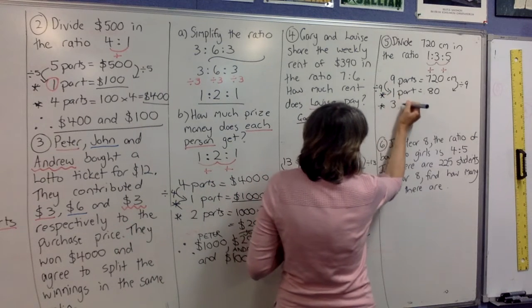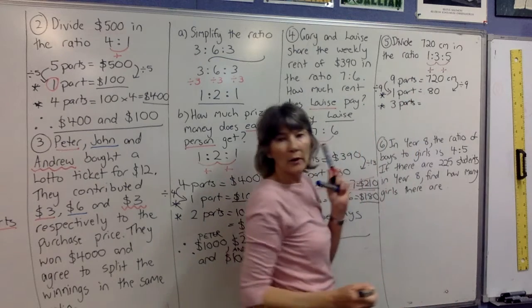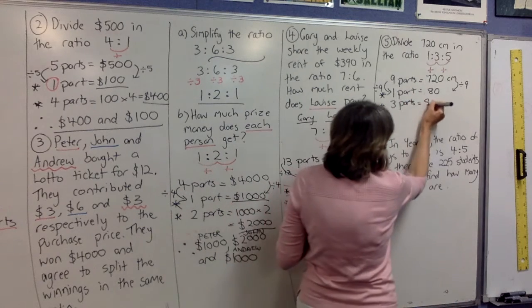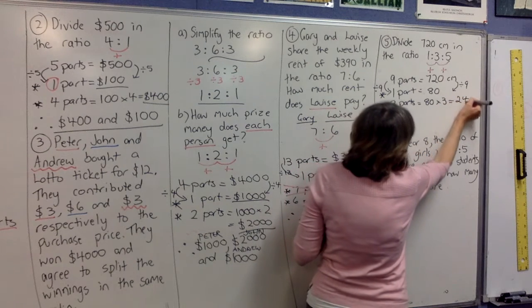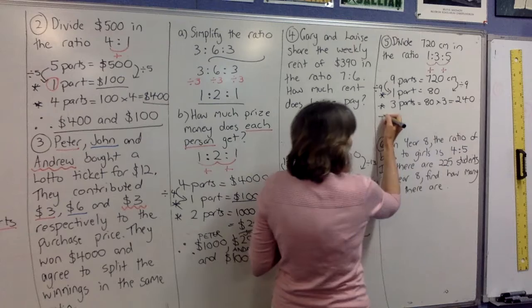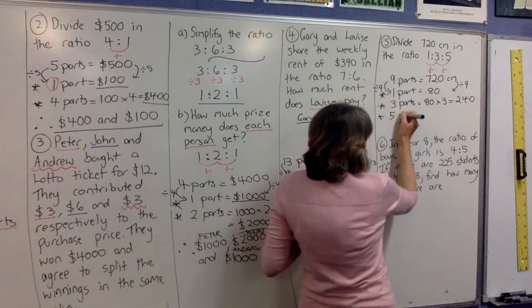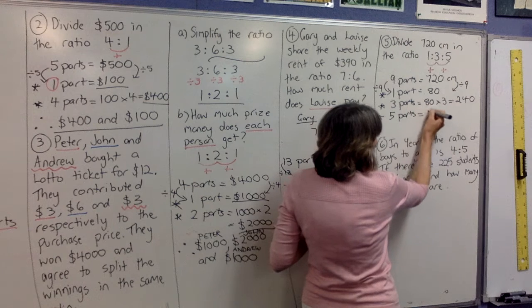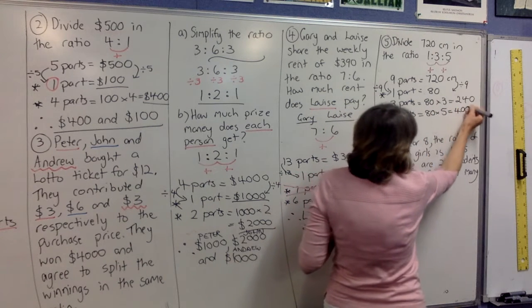Now we're going to work on the 3 parts. Right, so 1's already done. Now we're working on 3 parts. So we've got 80, which was 1 part, times 3, and that will give you 240. And then we've got to work out 5 parts. So we get whatever the 1 part was, and times by 5, and we get that.